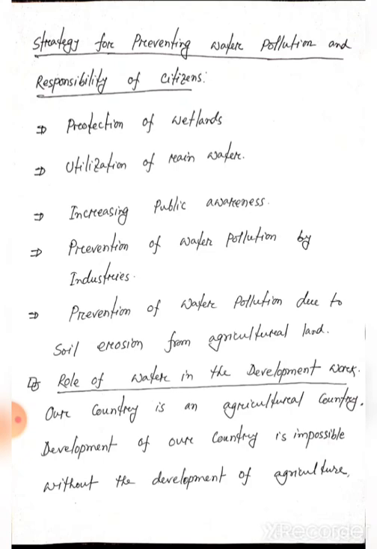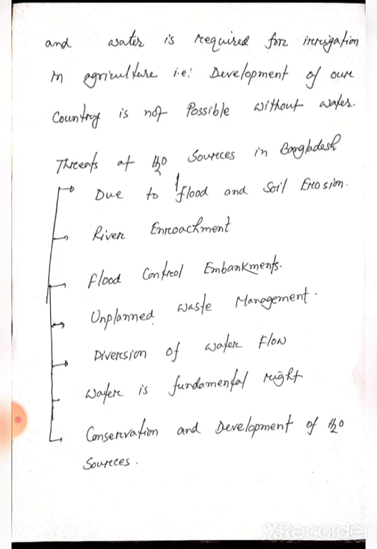Directly, agriculture depends on water, and water is required for irrigation. Development of our country is not possible without water. So if we want to develop our country, we have to preserve water.